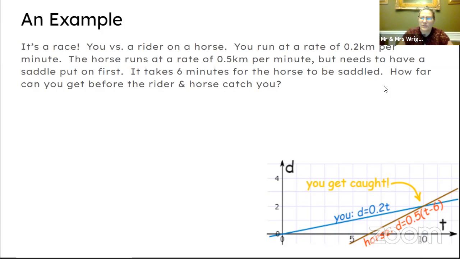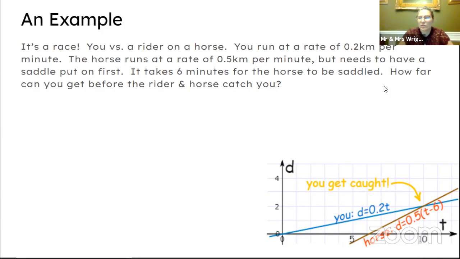So this is you in the blue line. You're running at a rate of 0.2 kilometers per minute. So 0.2 times time. The horse runs a distance of 0.5 kilometers times (t minus 6). Well, where did we get that minus 6 from? If you notice, he started at the 6. Well, that's because it takes 6 minutes to get the horse saddled before he can even get started.